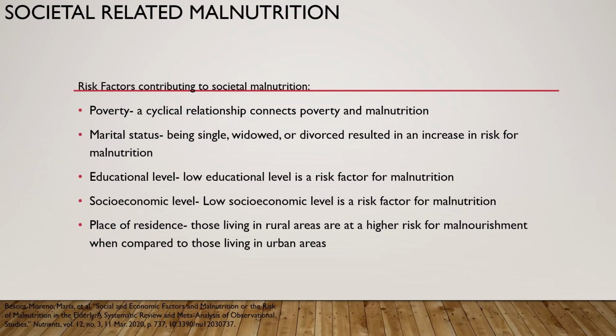Some of the big factors that play a role in this are poverty, which has a cyclical relationship with malnutrition, marital status, being single, married, widowed, divorced, educational level, where low education is a risk factor for experiencing malnutrition, socioeconomic status, and the place of residency. These all play a role in the overall risk of an individual experiencing malnutrition.